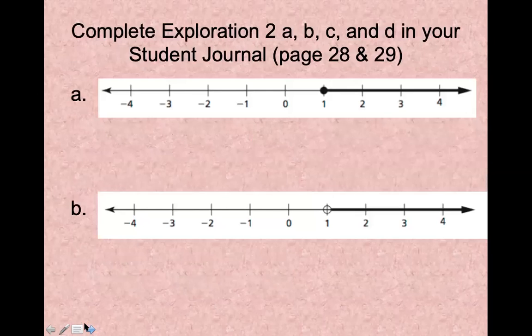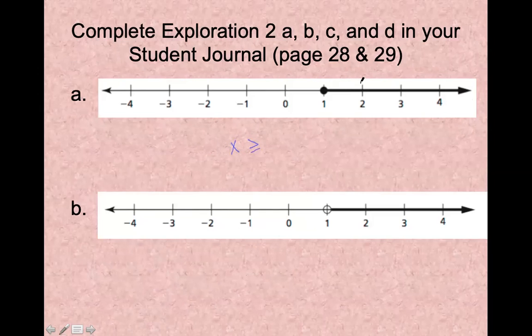Exploration 2, A, B, C, and D in your journal, pages 28 and 29. And I believe it says, write an inequality for the graph. Since I don't have the journal here, I'm going to grab a different color this time. Let's grab blue. All right, this time. So an inequality for this graph would be x is greater than or equal to, right?